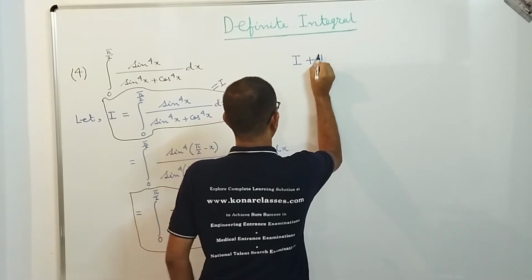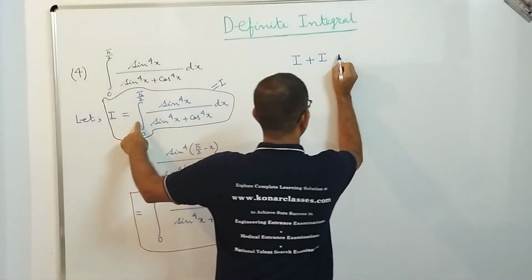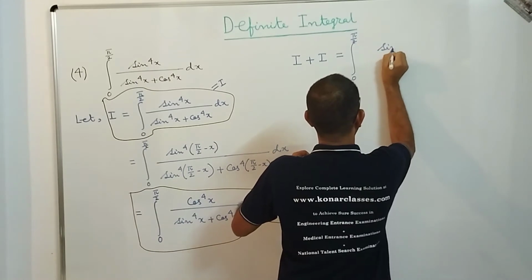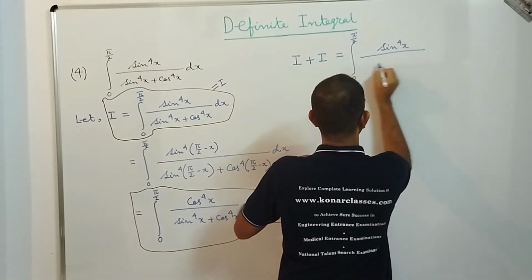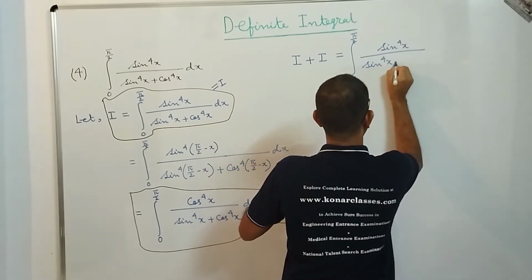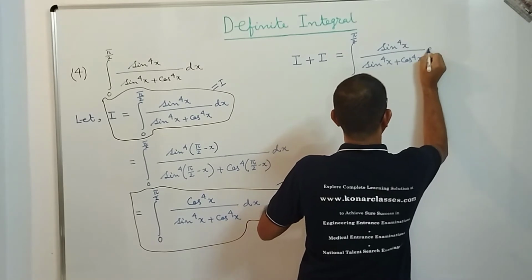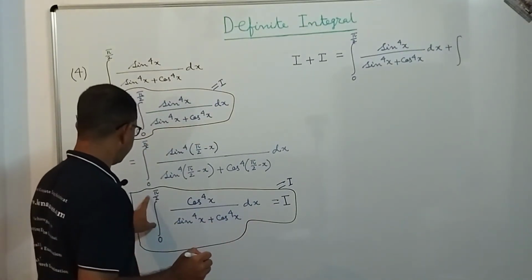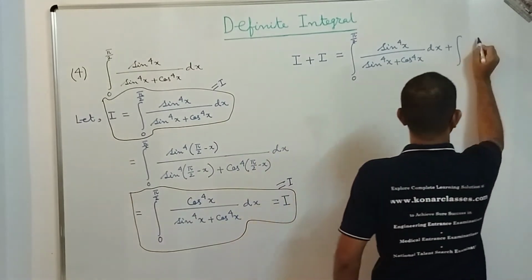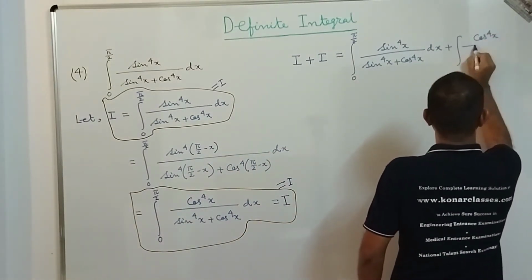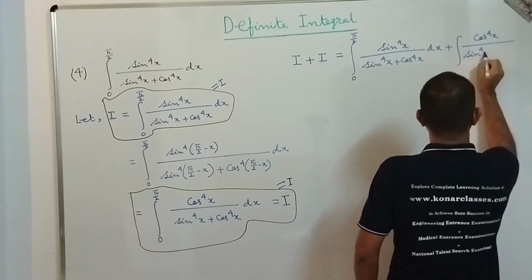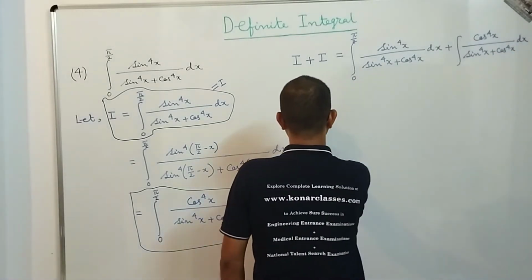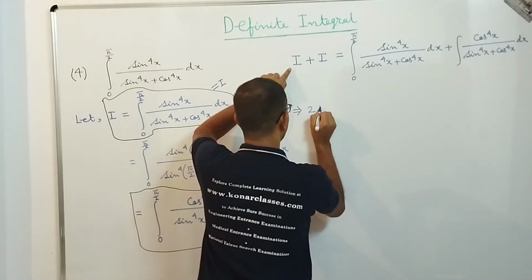I plus I. The first I is this one: integration 0 to pi by 2 of sine to the power 4x divided by sine to the power 4x plus cos to the power 4x dx, plus integration, this I, 0 to pi by 2 of cos to the power 4x divided by sine to the power 4x plus cos to the power 4x dx. Now if we add, I plus I is actually 2I.